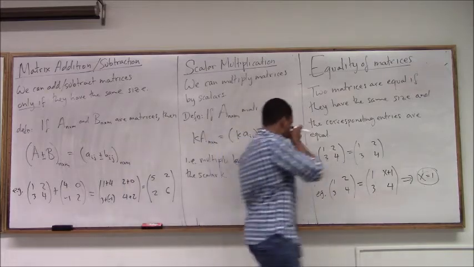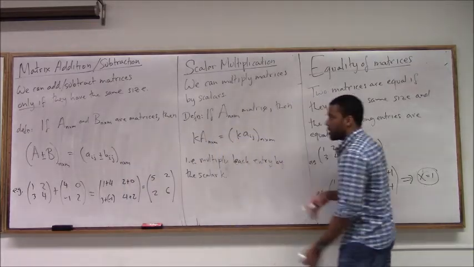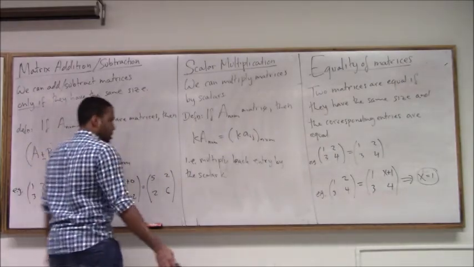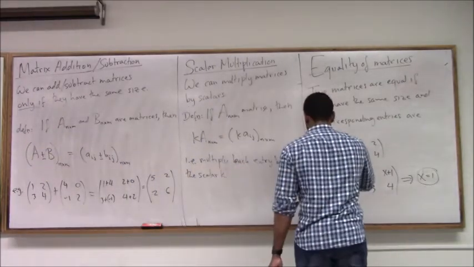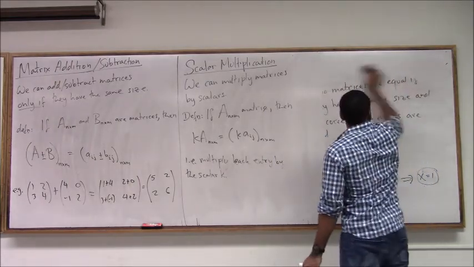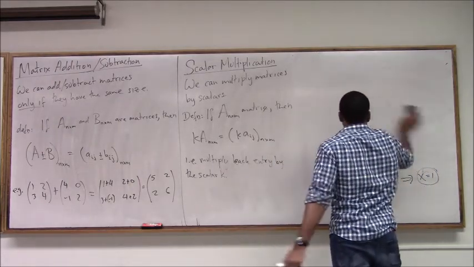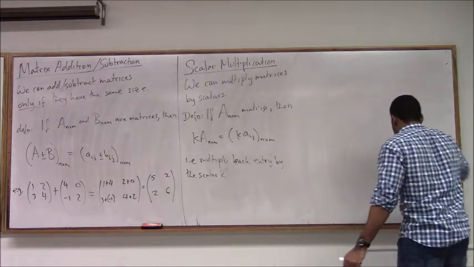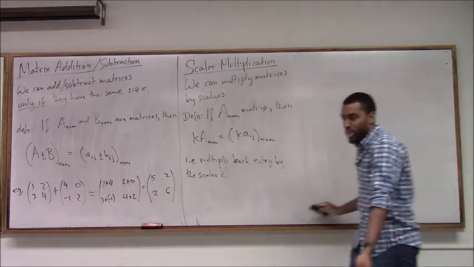In this class, our scalars will always be real numbers, but in general, a scalar is just an element of a field. You probably don't have to worry about what a field is for now. That's something you'll study in abstract algebra. But essentially, a field is where your intuition from real numbers actually works out.